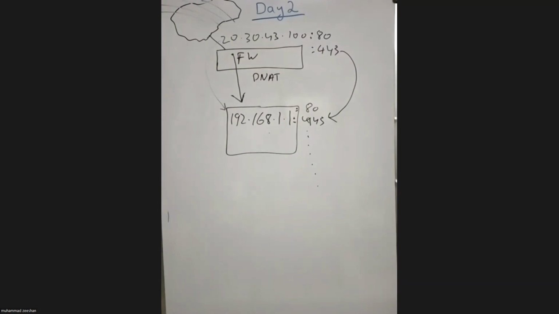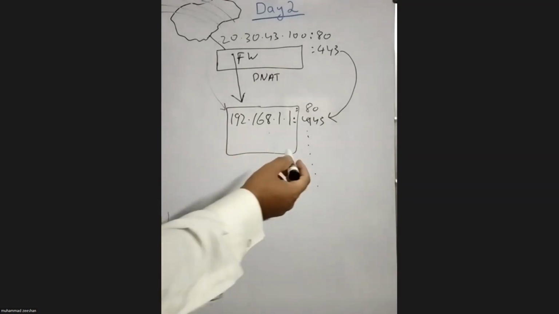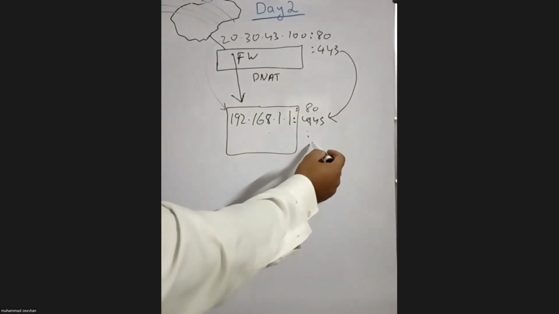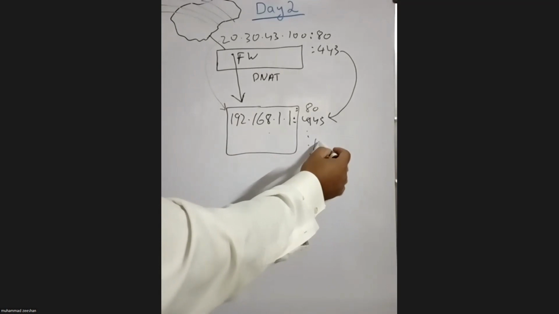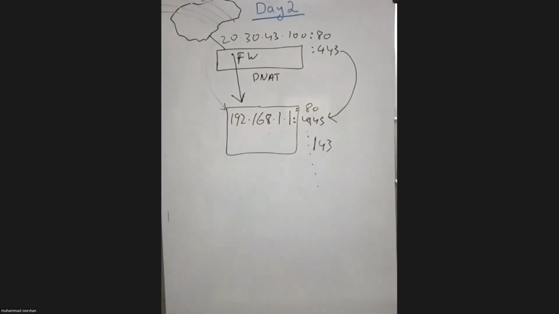So if you have a vulnerability in your service and that service is listening on some port, and translation is not done, someone can try to connect to your port. Let's say there is some random port, maybe 143, and some service is running on 143. That service can be exploited. So if no NAT rule is applied, when the traffic comes to the firewall for port 143, the firewall will see there is no NAT rule available, so just drop it.